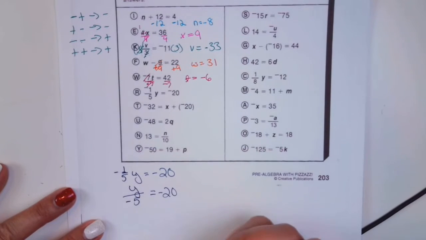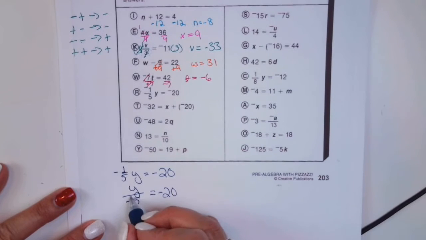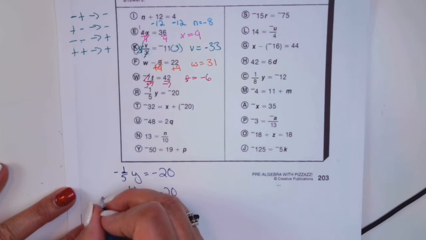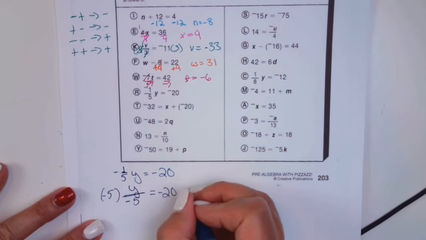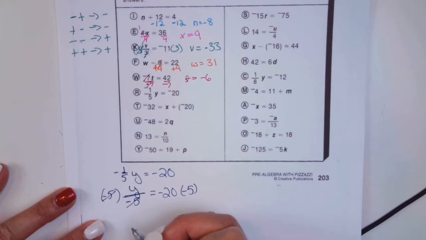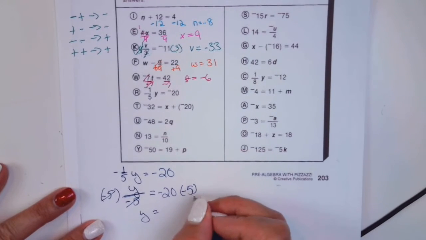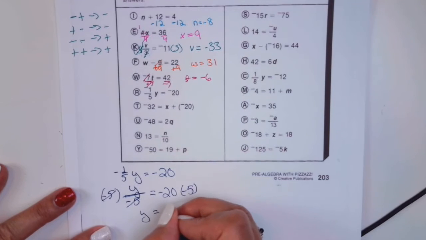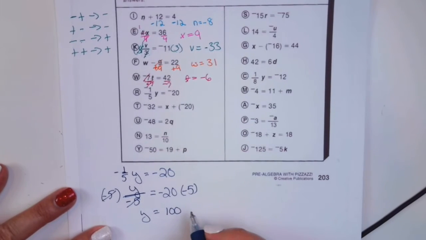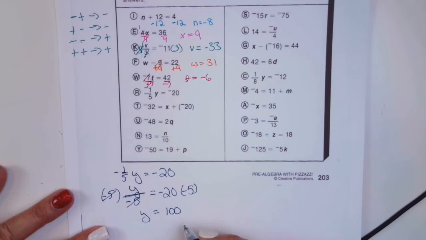So y divided by negative 5 equals negative 20. Now we can see that we have a division. So what we would do is multiply both sides by negative 5, and these become a 1, and then y equals negative 20 times negative 5, which is a positive 100. So y equals 100.